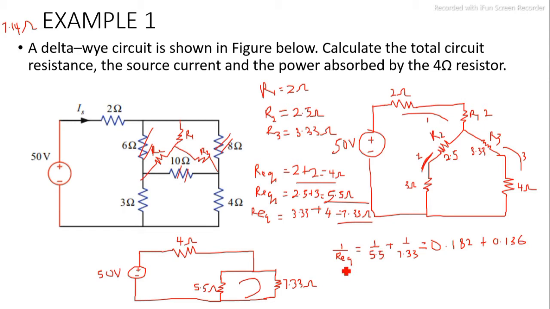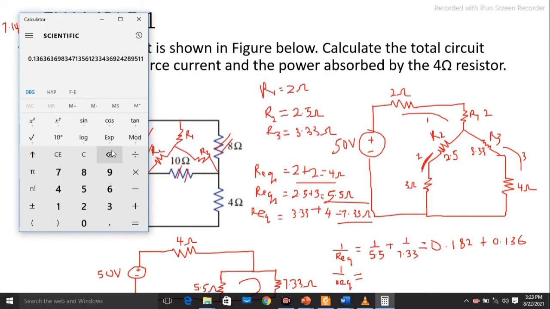So 1 over R equivalent is the addition of 0.182 and 0.136, which is 0.3184.